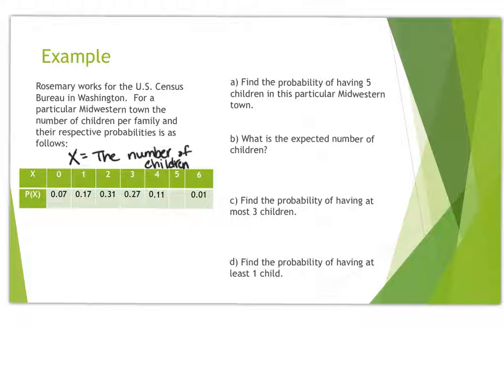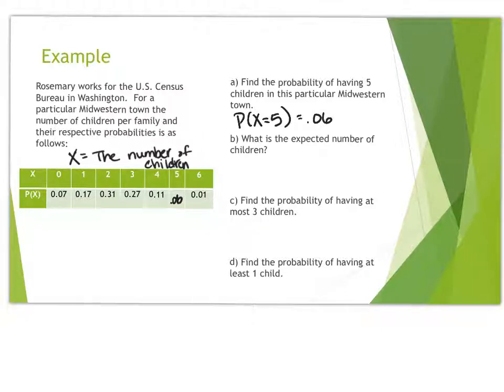This means that the missing probability, the probability that X equals 5, which means the number of children is equal to 5, is 0.06. It's 0.06 because when we write this in here, if you add all those up, it equals 1.